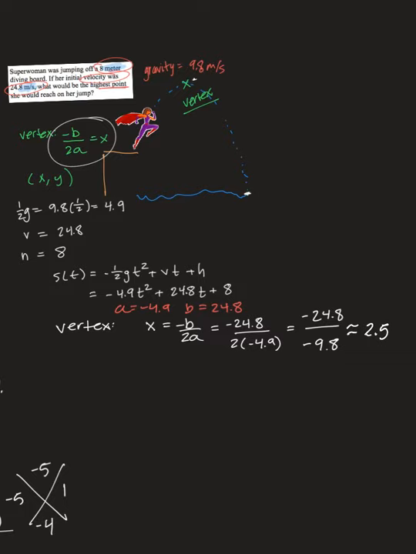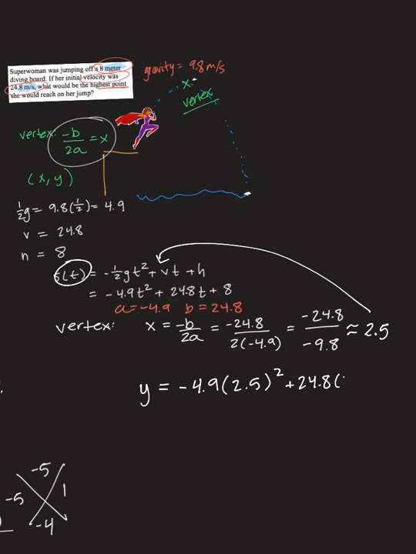That's our y value. So we need to solve for our y, which is our s of t. We're just going to take 2.5 and plug everything into our quadratic. So negative 4.9 times 2.5 squared plus 24.8 times 2.5 and then plus 8.